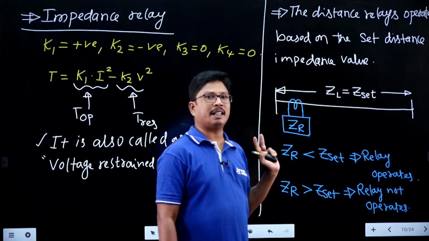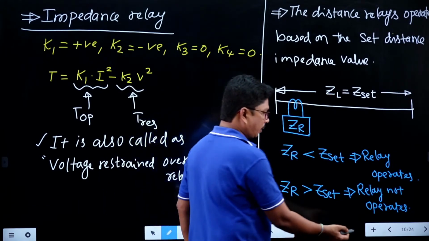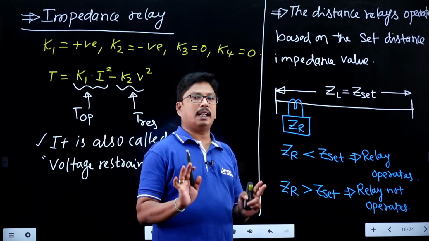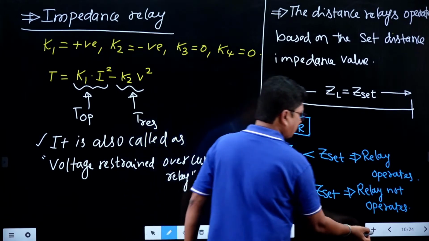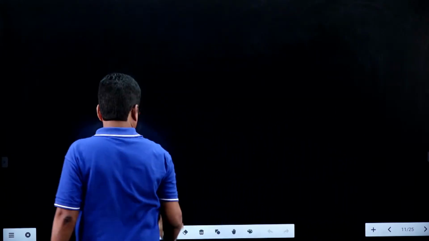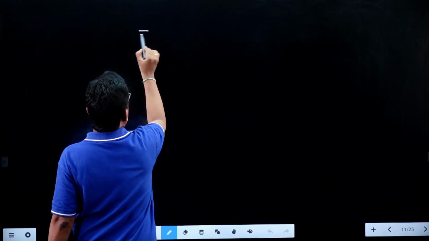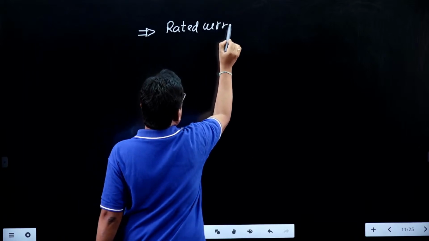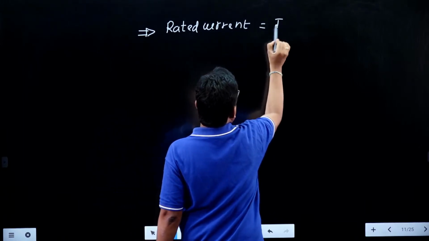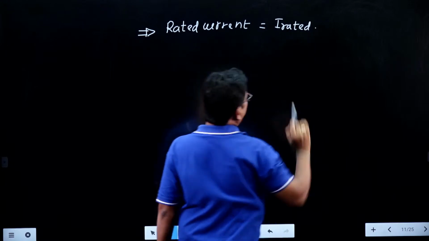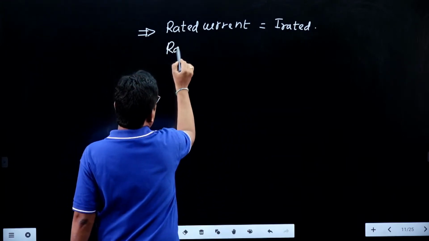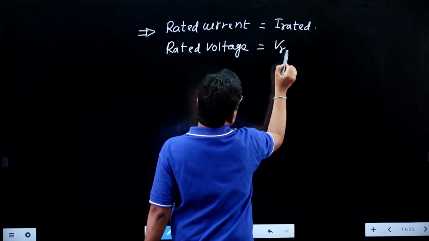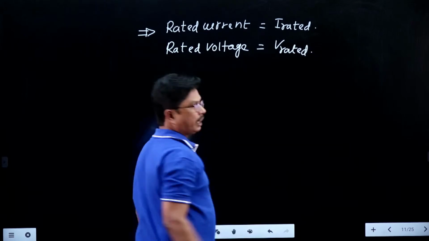And how to set this set impedance, Z set? Actually, under normal operating conditions, we are going to calculate the rated current of the relay, right? Suppose the rated current of the relay is nothing but I rated, and the rated voltage is nothing but V rated.